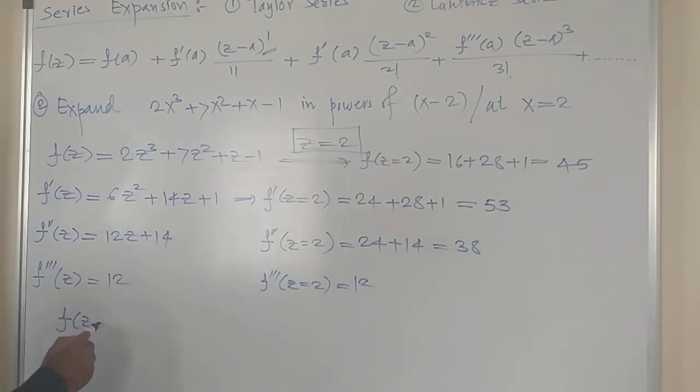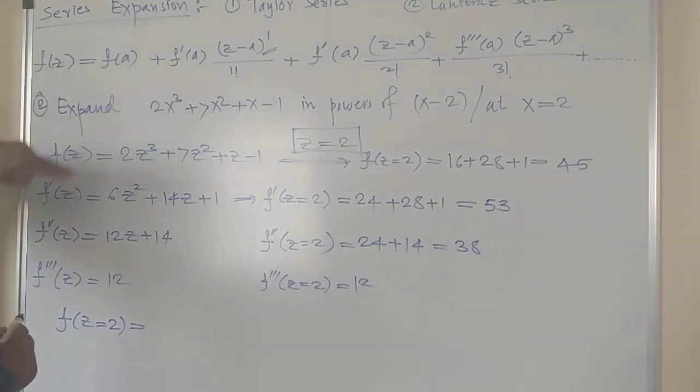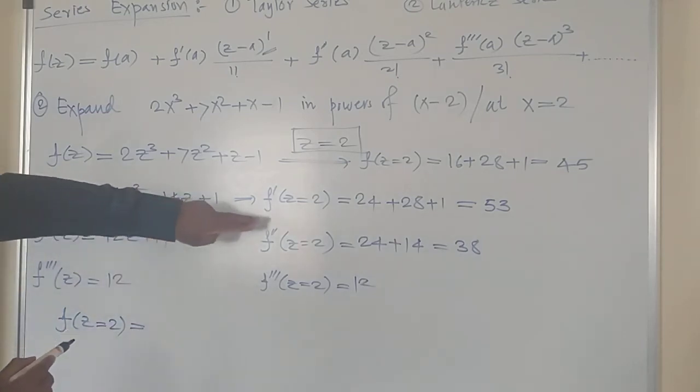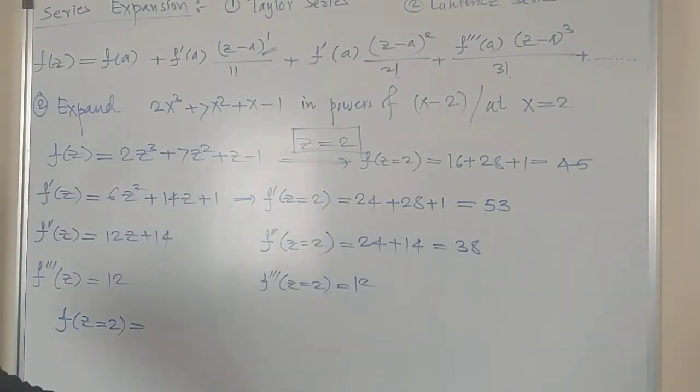So f of z at z equals 2 is equal to f of a. F of a is how much? 45.